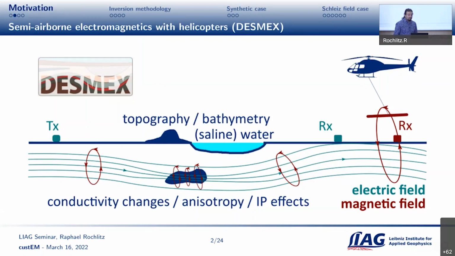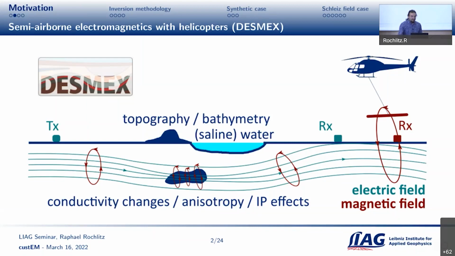What we're interested in, of course, are the conductivity changes of the subsurface, which are good indicators for saline water and groundwater interfaces, or also for mineral deposits. In DESMAX, the targets of investigation are related to mineral deposits mainly, and in our LIAG surveys, we are more interested in groundwater and saltwater interfaces.